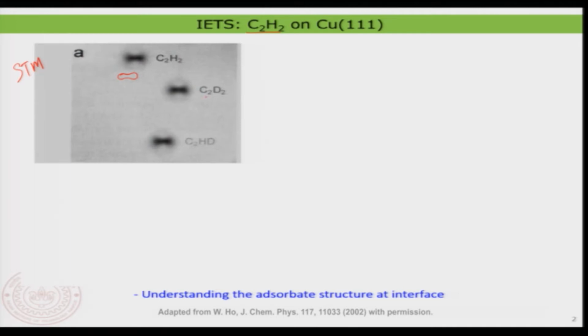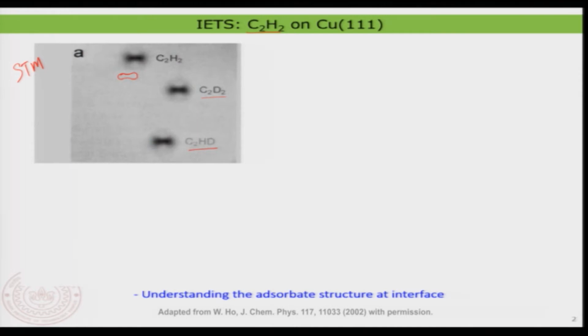A few additional images are also shown on the same surface. What is also shown is an isotope of hydrogen, deuterium, making a C2D2 and a C2HD. So this is a mixture of ethylene and deuterated ethylene deposited on the copper 111 surface.